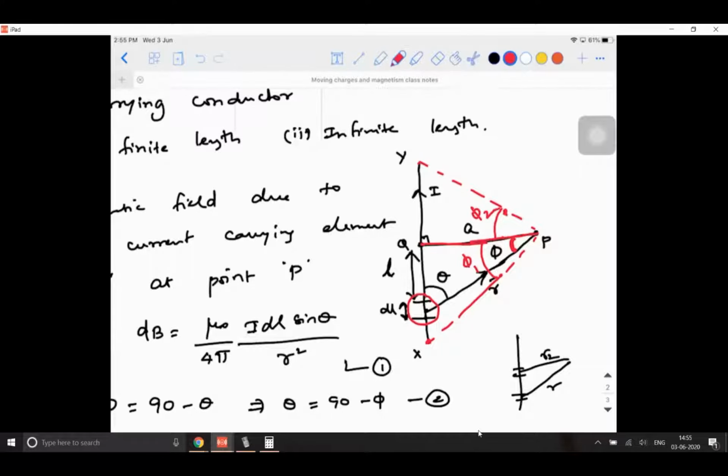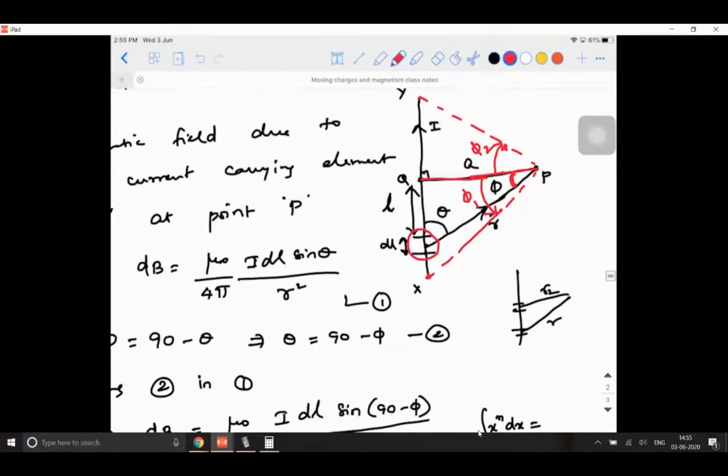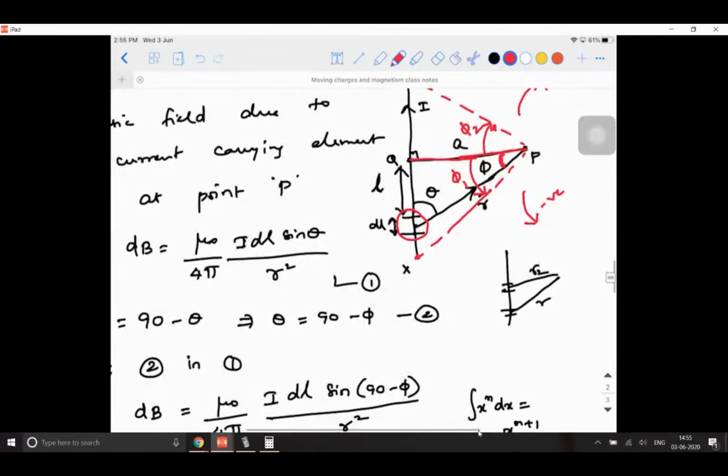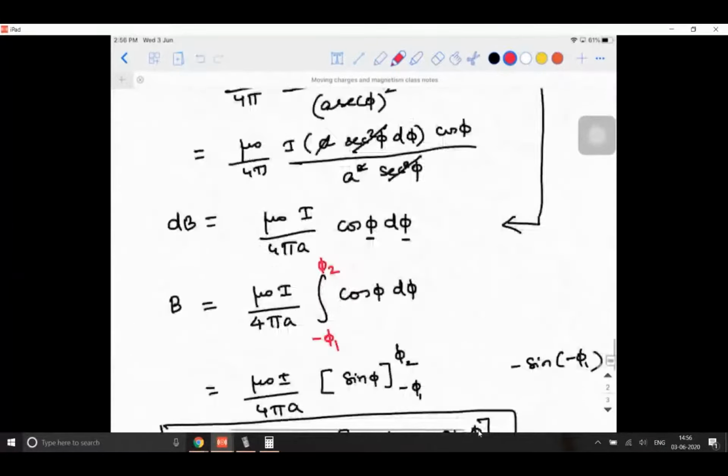Since this is in the downward direction, I'm putting an arrow mark like this. With respect to this, I'm taking this direction to be negative and this direction to be positive. That is the reason why phi 1 is going in the negative direction, so I took it as minus phi 1, and phi 2 is going in the positive direction. That's why I took it as plus phi 2. Yes, sir. Okay. So clear? Yeah.